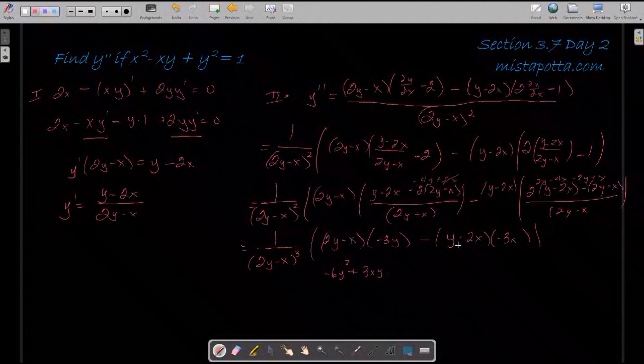I'm going to have negative y times 3x, which is going to be a positive 3xy. And then I'm going to have negative times negative times negative, which is going to be negative 6x squared, over this denominator of 2y minus x cubed.